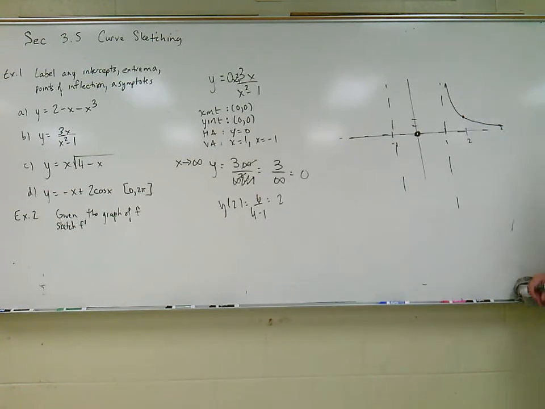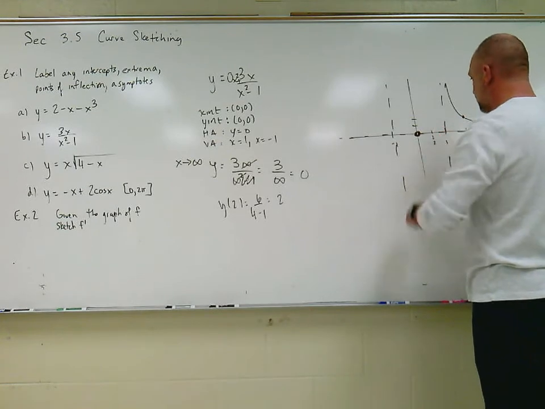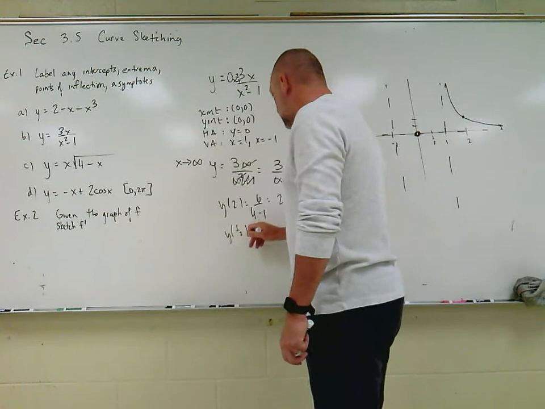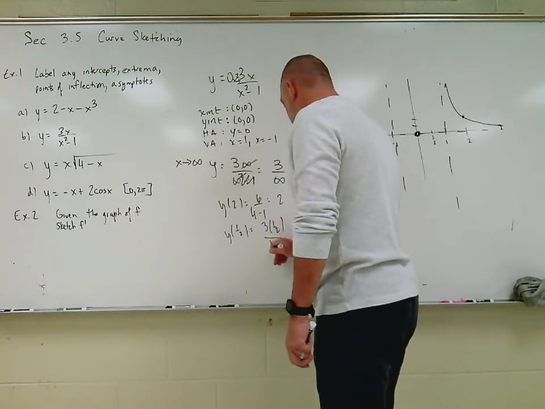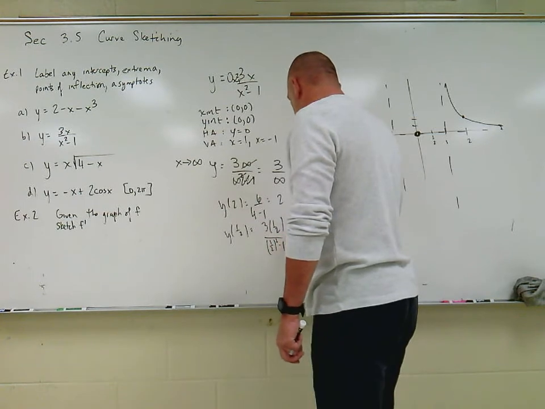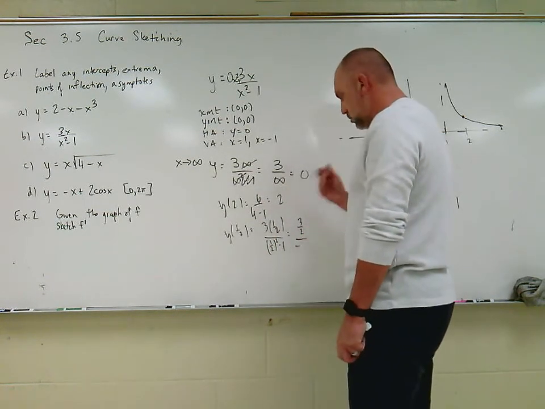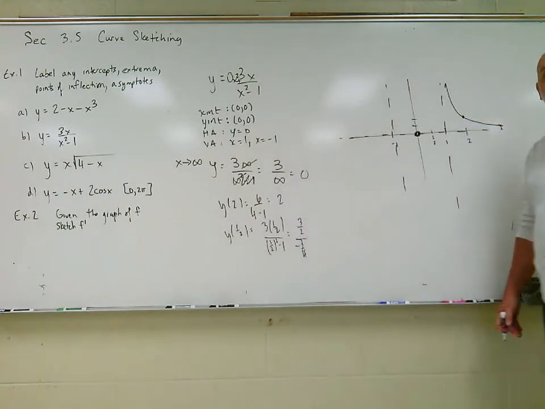All right? In here, between 0 and 1, maybe I'll plug in a half. So I'll do y of a half. And I get 3 times a half over 1/2 squared minus 1. So I get 3 halves over negative 3/4. Well, all I care is that it's negative.